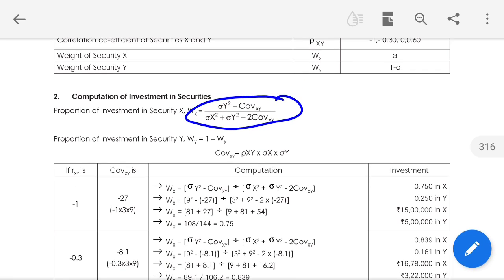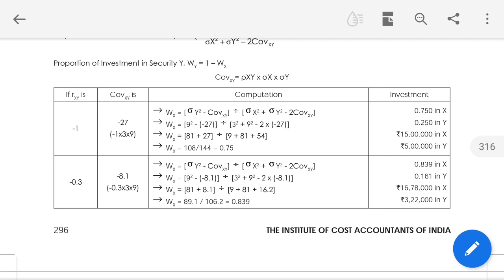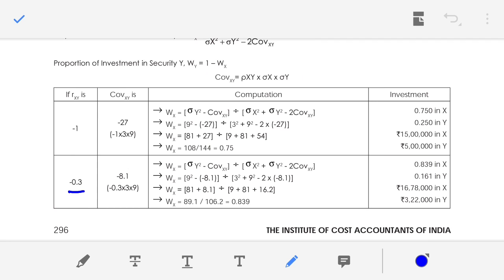Likewise, we have to calculate in the other scenarios also. Firstly we write the rho value, and we multiply rho with the standard deviations, which came as -8.1, the covariance. The formula to identify the weight of X is sigma Y square, that means the variance of Y, minus covariance of XY, divided by sigma X square plus sigma Y square minus 2 into covariance of XY.